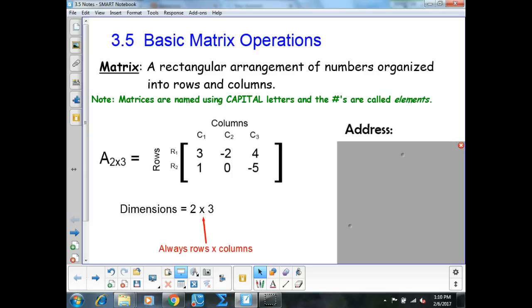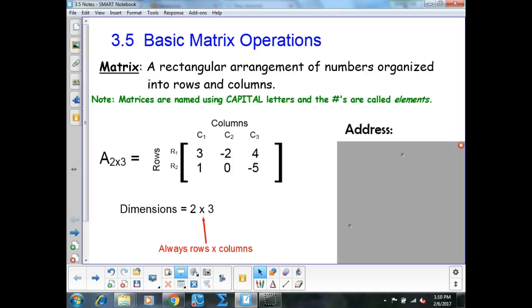Okay? So, a matrix is a rectangular arrangement of numbers organized into rows and columns. Okay? So, rectangular meaning that if there's 3 columns in the first row, there's got to be 3 columns in every row below that.